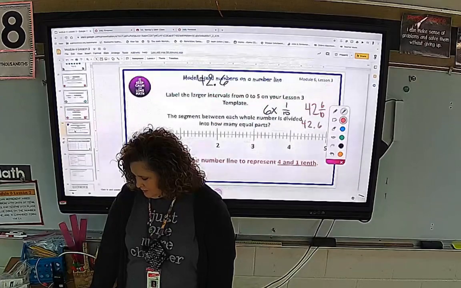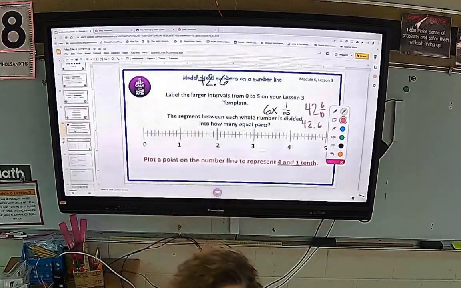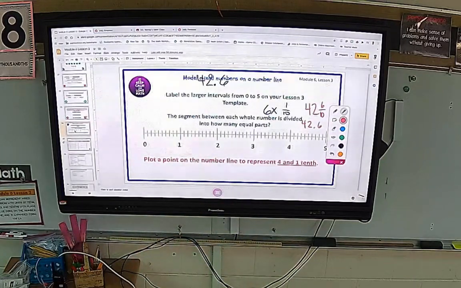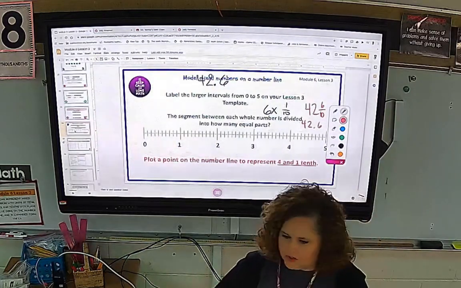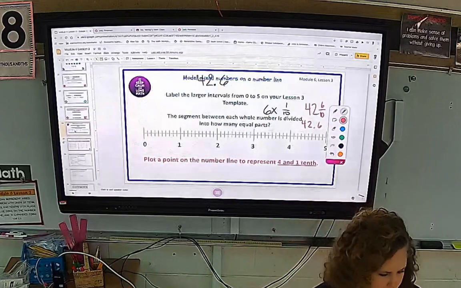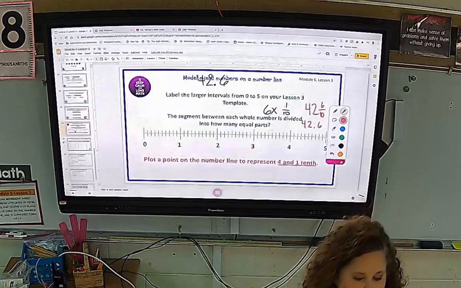So we are moving along, and this is where we're moving to. I need you to pull out your workbook because we're going to pull out a different template for today. A lot of different things going on today. I'm not sure of the page number, since I've been looking at it in my teacher book, but it goes along with lesson 3.